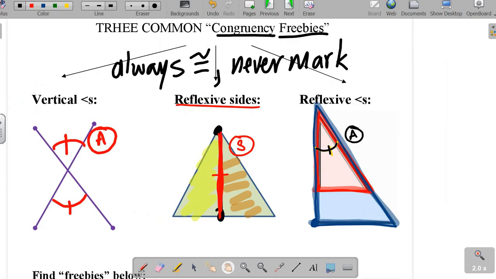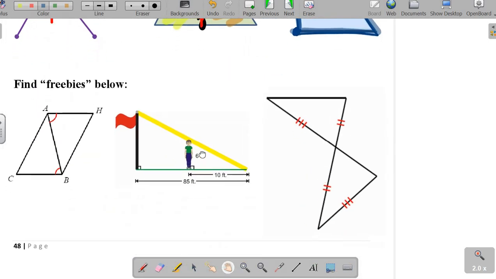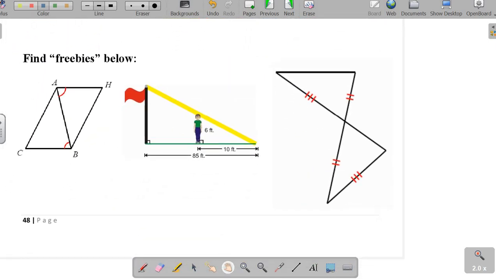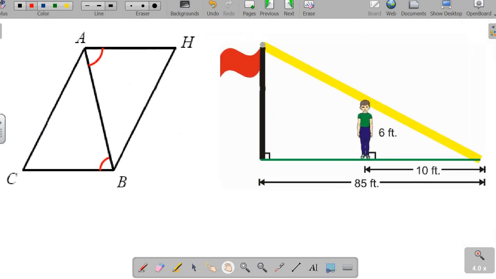Again, I call these freebies. They're things that are always congruent but never marked. You have to mark them yourself. So we're going to find freebies and mark them down below. Right here, AB is a reflexive side, so hatch mark and a little S circle for side.